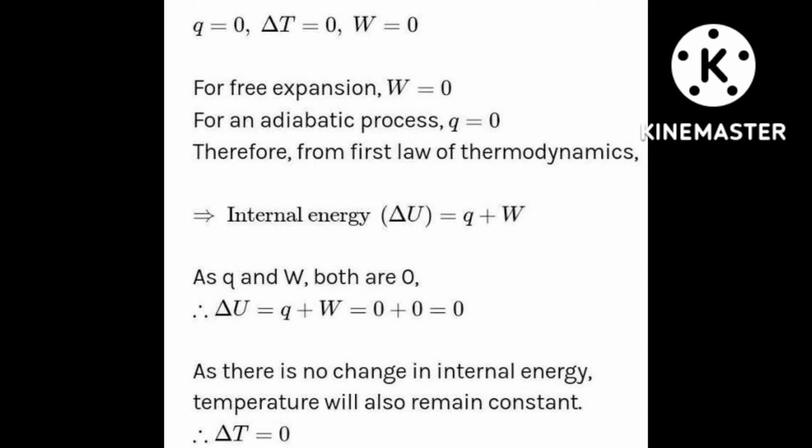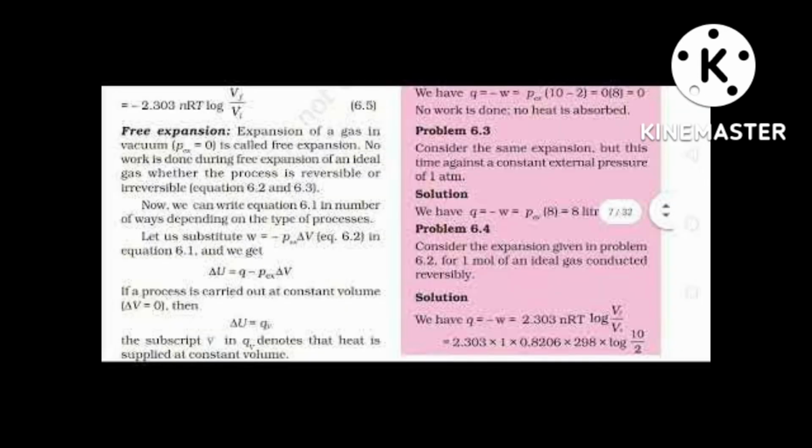Then here, how will you solve? Think. 2 liter gas expanded when the pressure was 10 atmospheric pressure, and it became 10 liter. From 2 liter, it became 10 liter, which means the initial volume is 2 liter and the final volume is 10 liter.